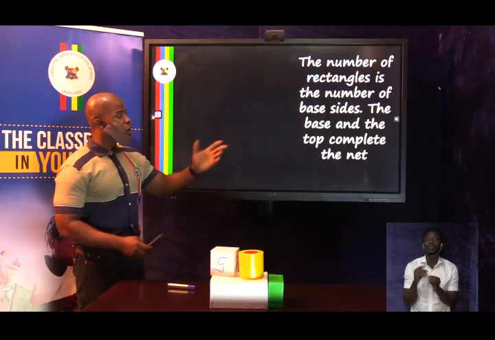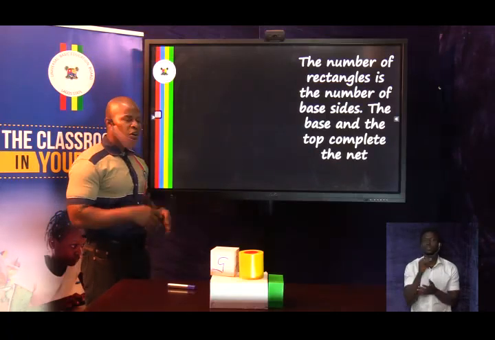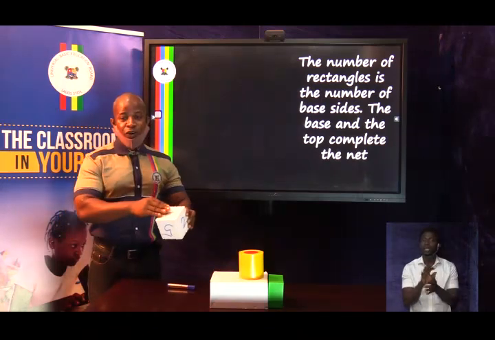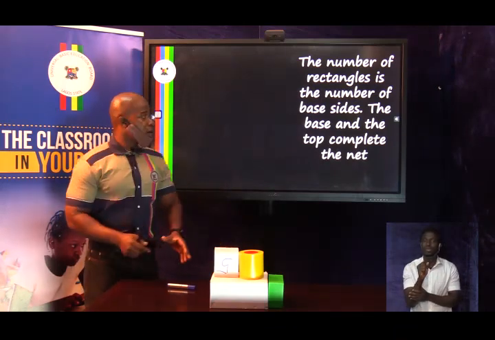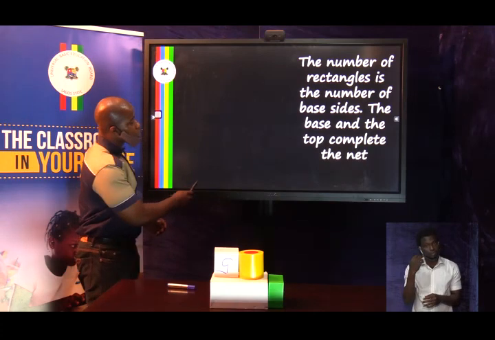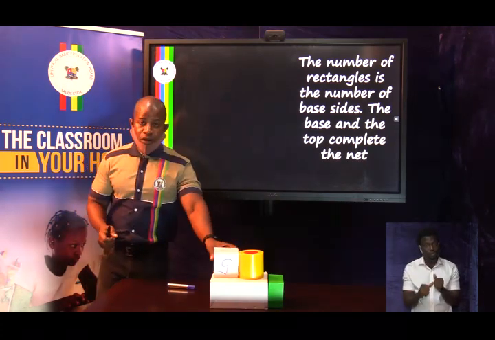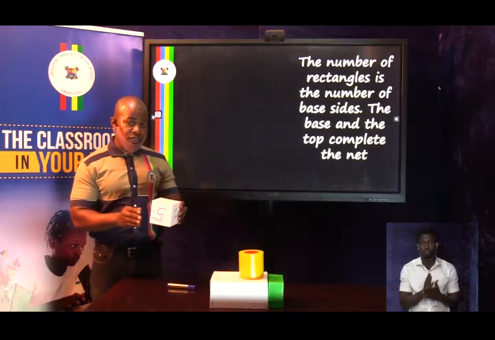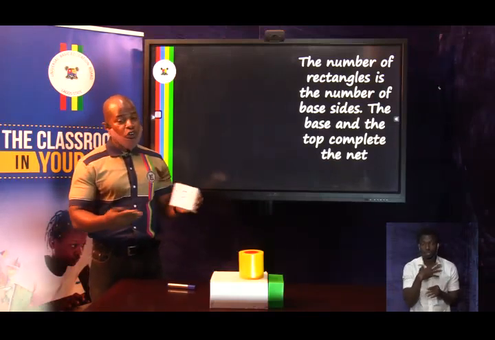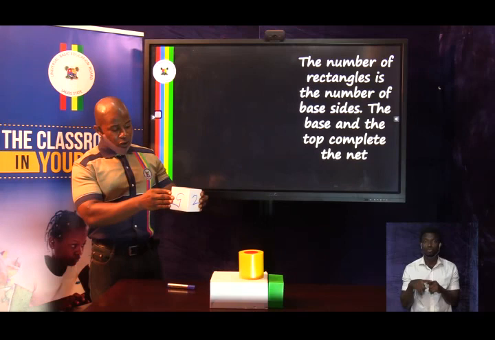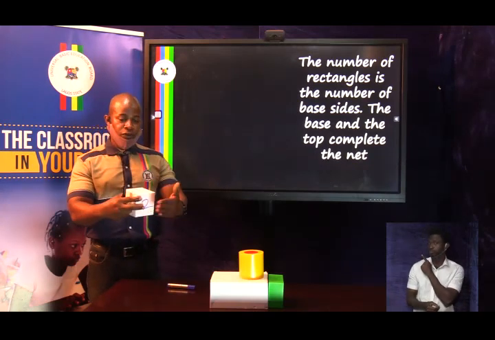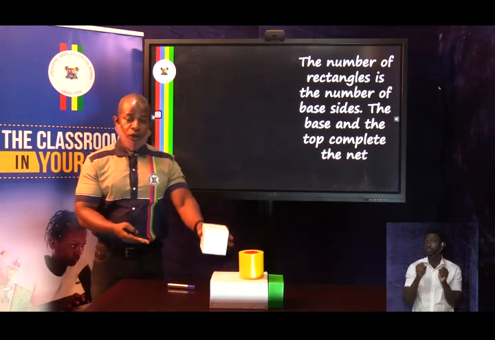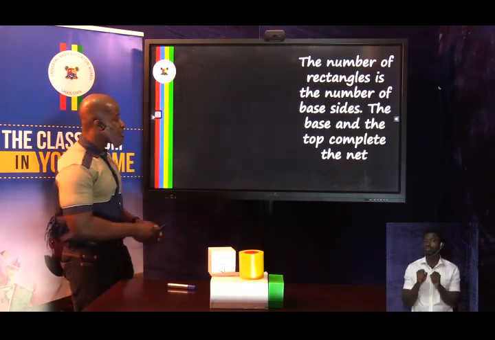Now, the number of rectangles that you're supposed to have will depend on the number of sides that form the base. Let's see an example of this. For each solid shape that's a prism, you'll have some rectangular faces, and then you'll have the top and the bottom to complete it. So in this case, you have on the side 1, 2, 3, 4 rectangles, then the top is a square and the bottom is a square. And that's why you must have 6 shapes in the net.